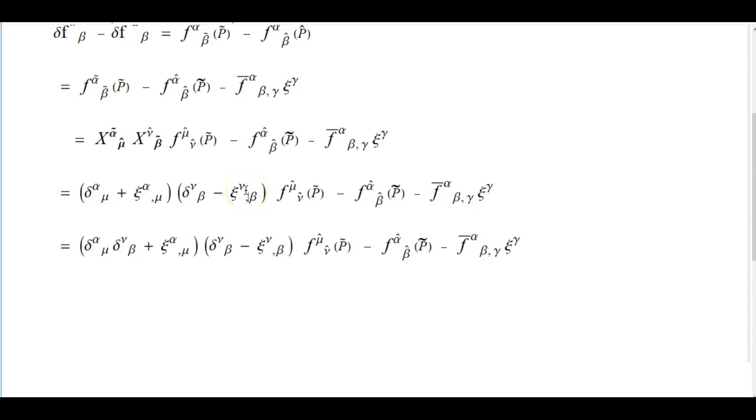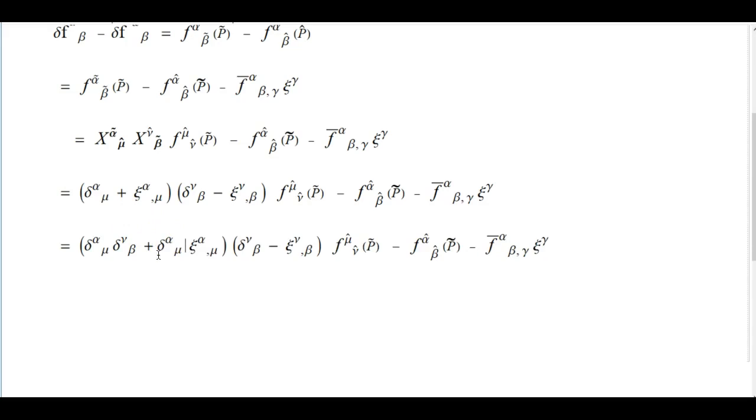We can keep this. This is first order, so I can keep this term delta alpha mu minus this.